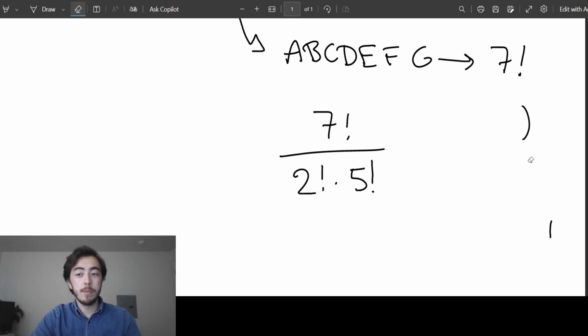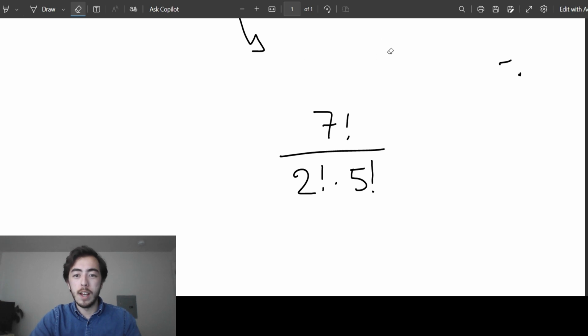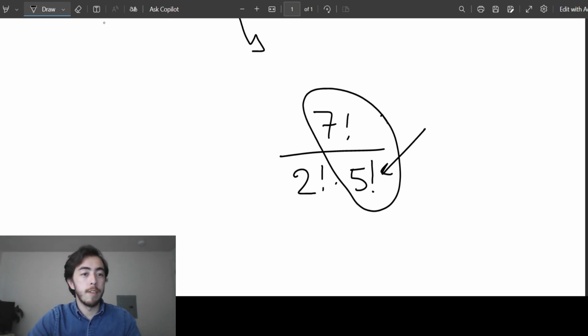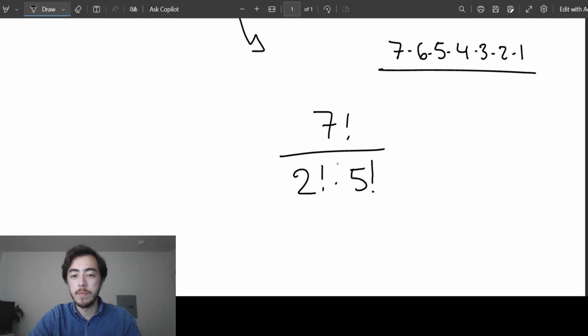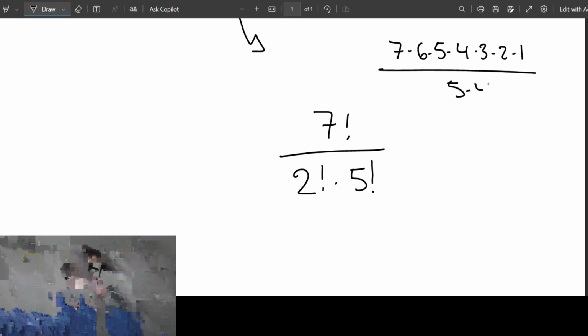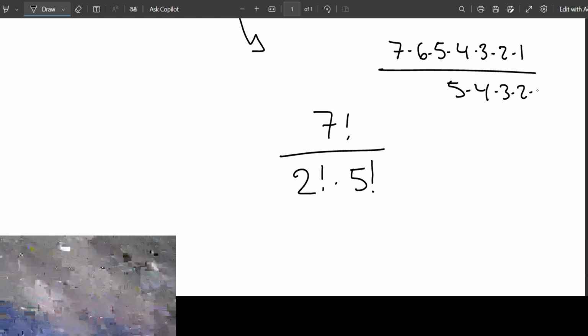And let's figure out what this number is. It should be 21. The first thing that I like to do when doing these computations by hand is simplifying the part with the higher factorial in the denominator. Because if we think about 7 factorial as just a product, it's 7 times 6 times 5 times 4 times 3 times 2 times 1. And then 5 factorial is 5 times 4 times 3 times 2 times 1.